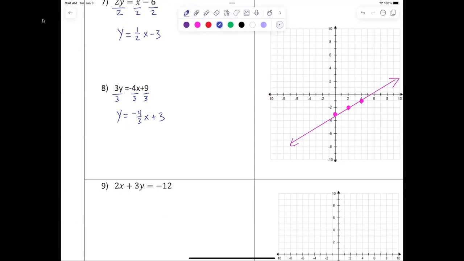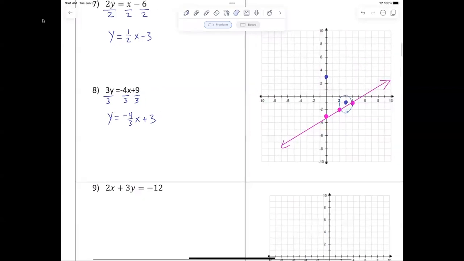So what do I do first? Find 0, 3. From there, what do I do? Down 4. And then what? Down 4. 1, 2, 3, 4. And then 1, 2, 3. Amazing. That's all there is to it.